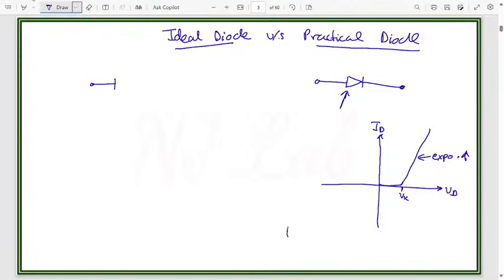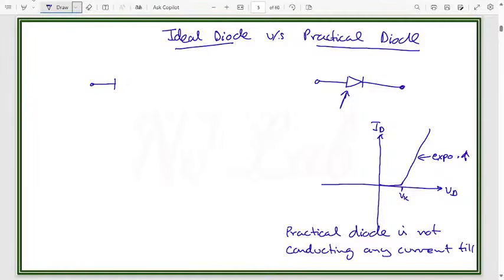Let me write: practical diode is not conducting any current till knee voltage. And beyond the knee voltage, it starts conducting the current, and the current increases exponentially.